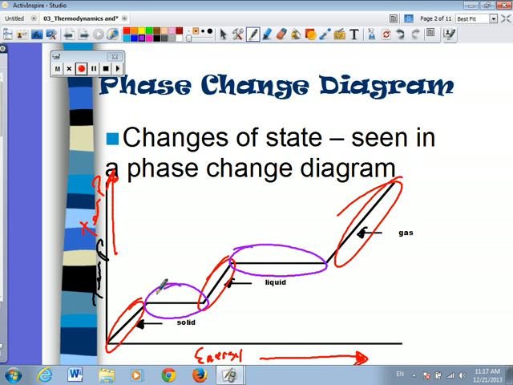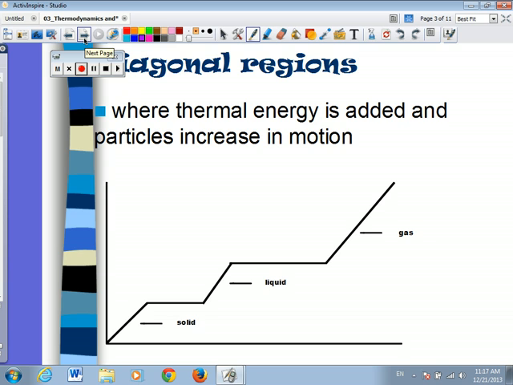So as you increase energy, what happens to that material? In the diagonal regions, you increase thermal energy and you increase particle motion.